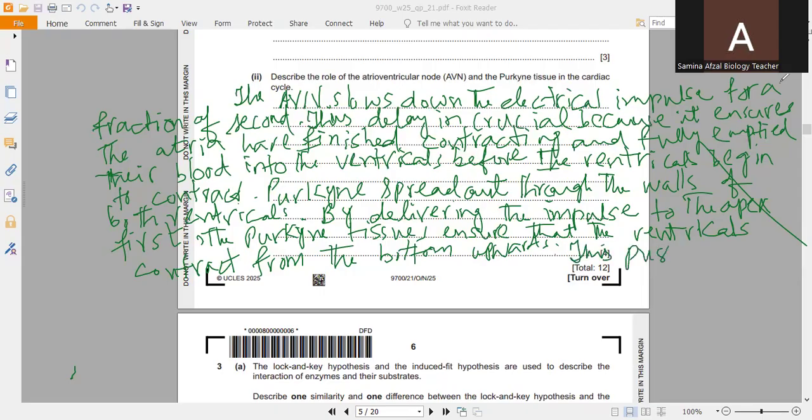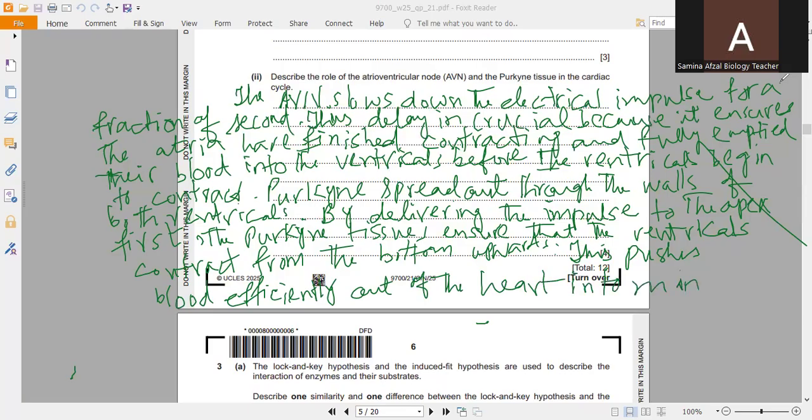This pushes blood efficiently out of the heart into the main arteries.